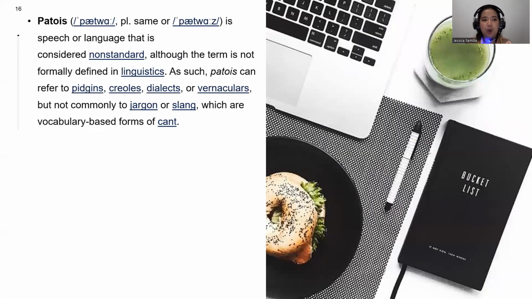Next one is Patois. Patois is a speech or language that is considered non-standard, although the term is not formally defined in linguistics. As such, Patois can refer to Pidgin, Creole, dialect, or vernacular, but not commonly to jargon or slang, which are vocabulary-based forms of cant.